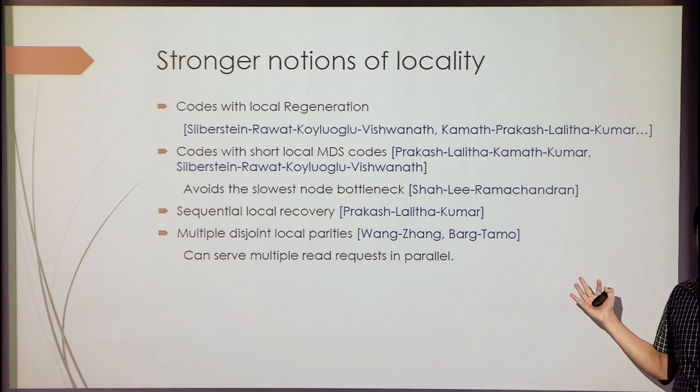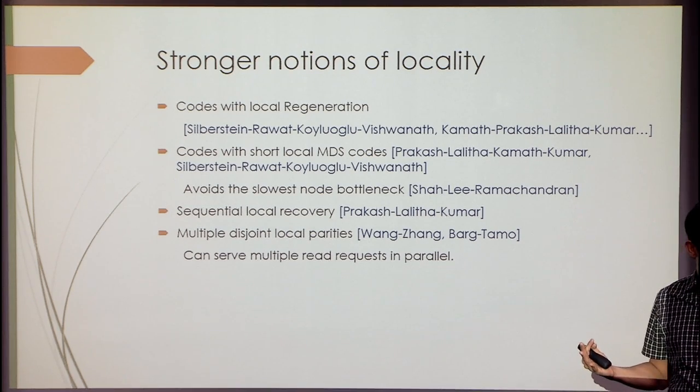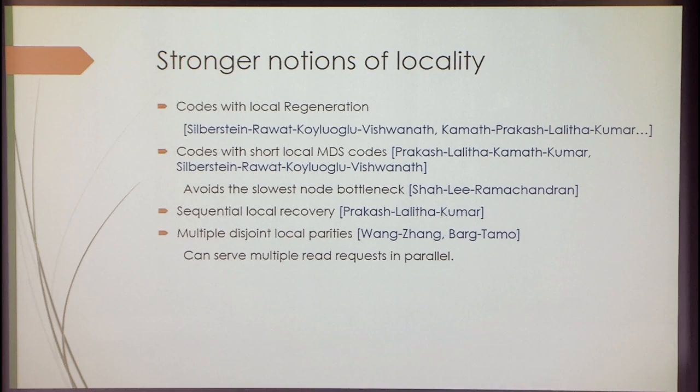How about if I have several disjoint groups, right? One reason this might be good for you is that now you can serve not just one read to this x1, but several parallel reads. You send the first person to read this group, send the second person to read the other group, and so on, right? So this notion was introduced, I believe, by Wang and Zhang, and further studied by Barg and Tamo.